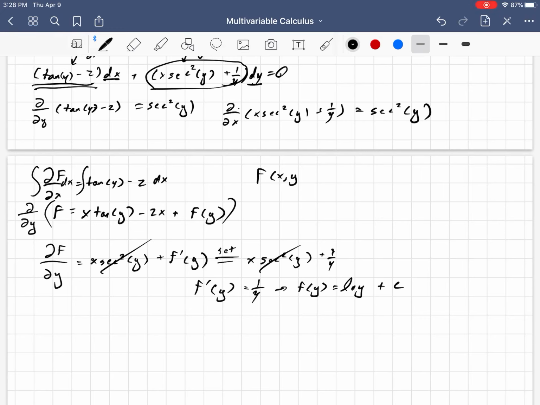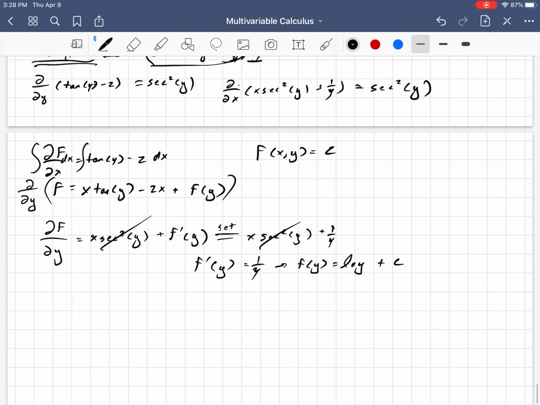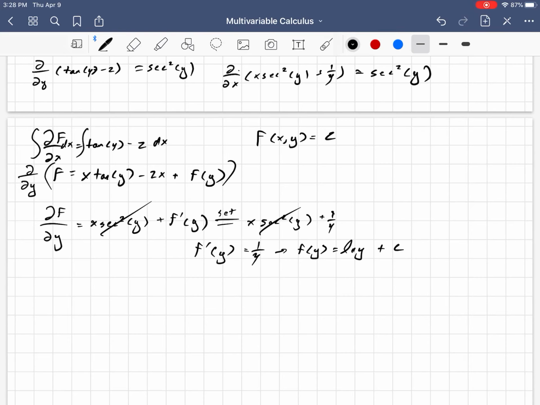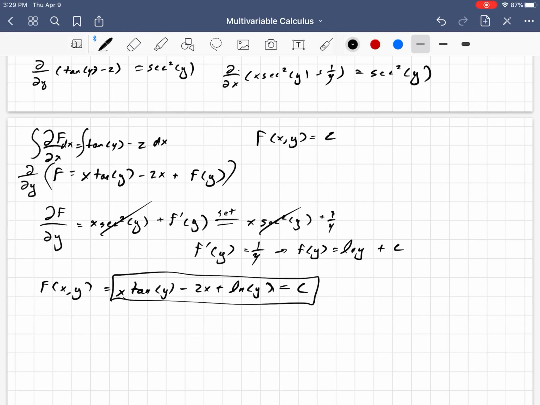So our solution is of the form f of x, y equals c. So our f of x, y is x tan y minus 2x plus natural log of y equals c.